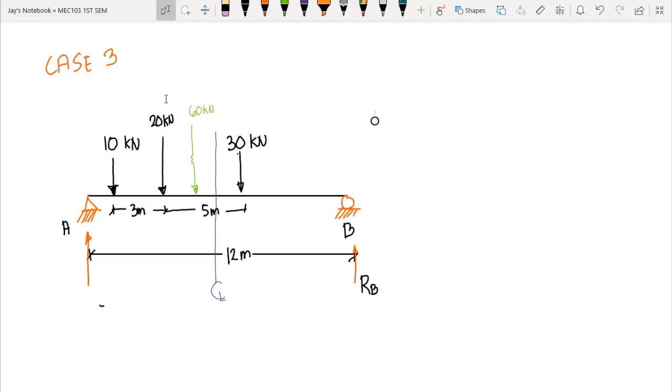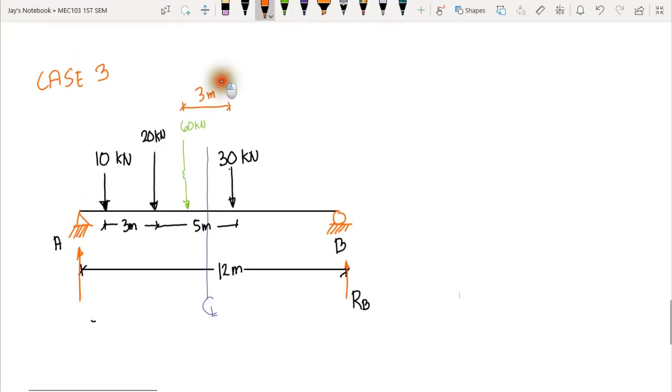Now for case number 3, we place the midspan between 30 and 60 kilonewton on the center line of our beam. Now we know that the distance between 60 kilonewton and 30 kilonewton here is 3 meters, correct? So therefore, we have from the center line to 30 kilonewton is 1.5, and center line to 60 kilonewton is 1.5 meters as well.